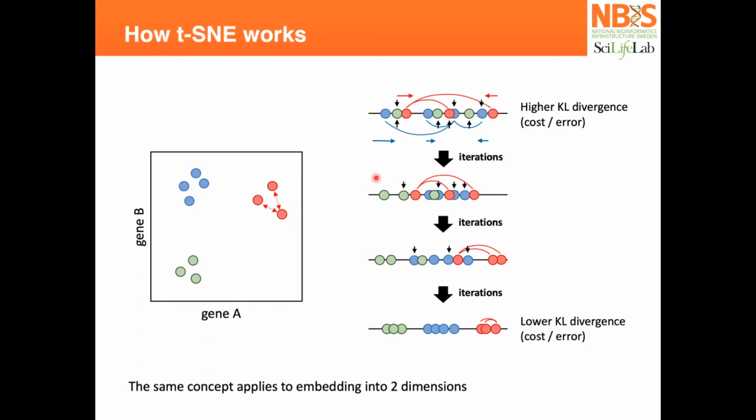Yes, so tSNE only cares about the local distances. I just want to know if the red dots are close together, if the green dots are close together, and if the blue dots are close together. That's one of the important concepts, and it's a very good question, because tSNE doesn't care about the relationship between the green ones and the red ones in that case, because they are not close together.